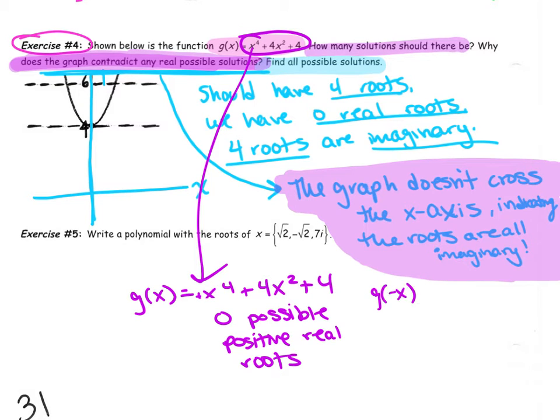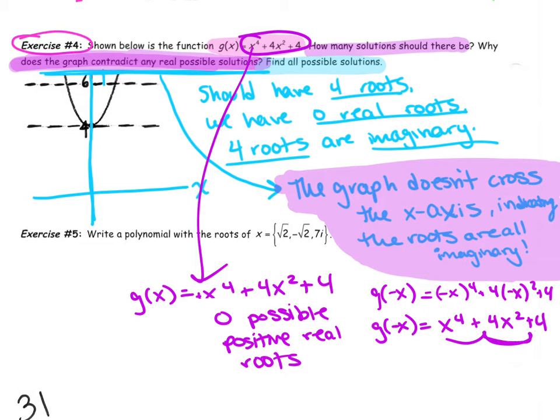Let's check when we plug in negative x. Because negative x is being raised to an even exponent, these signs stay the same. So again, there are no sign changes here, so 0 possible negative real roots. I just used Descartes' rule of signs to confirm this.